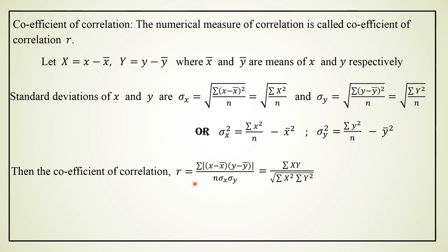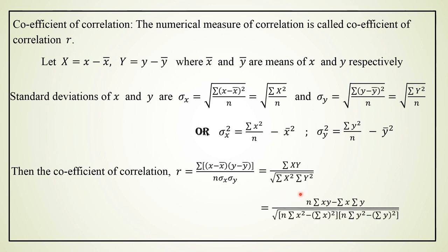Okay. Over here I am just using the formulas of sigma x and sigma y and substituting them, and I am replacing x minus x bar by capital X and y minus y bar by capital Y, so that you are going to get the other formula for finding the coefficient of correlation as this.